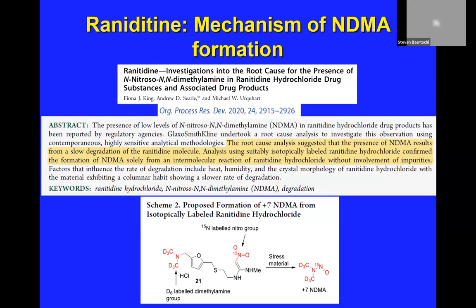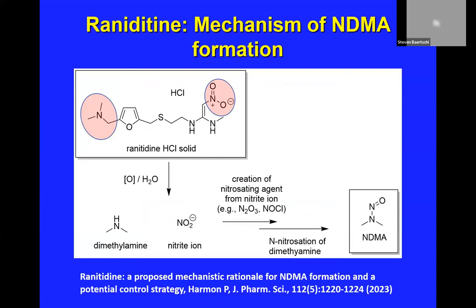Some GSK researchers did an elegant study, using labeling, to determine that indeed the tertiary amine was what was N-nitrosated to form NDMA, and that the nitroso functionality came from the nitro group that was attached to the molecule. And how that actually happened was not clear. More recently, Harmon has proposed that it could actually be from two oxidation steps.